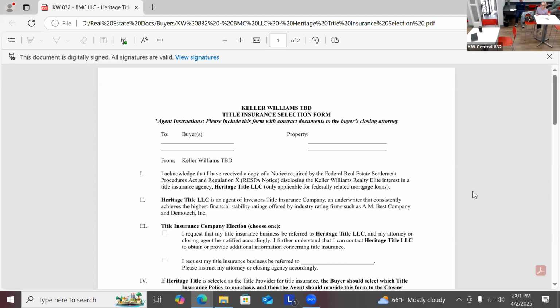Now we have to have it property specific, because now they're pulling a title policy for the specific property. So this goes to the closing attorney with your contract package if the buyer elects to use Heritage Title.